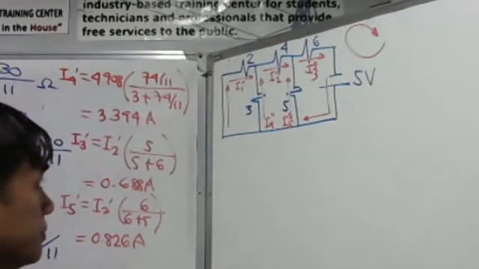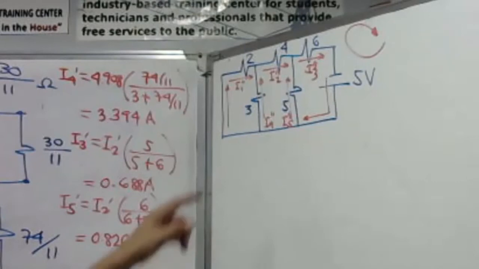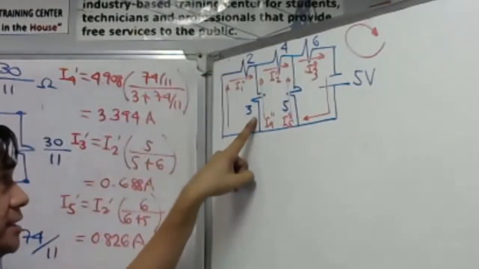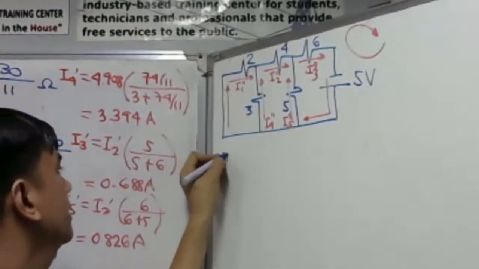So, take a look here. Look carefully. The 2 and the 3 ohm resistors are connected in parallel. So we have 2 in parallel with 3.